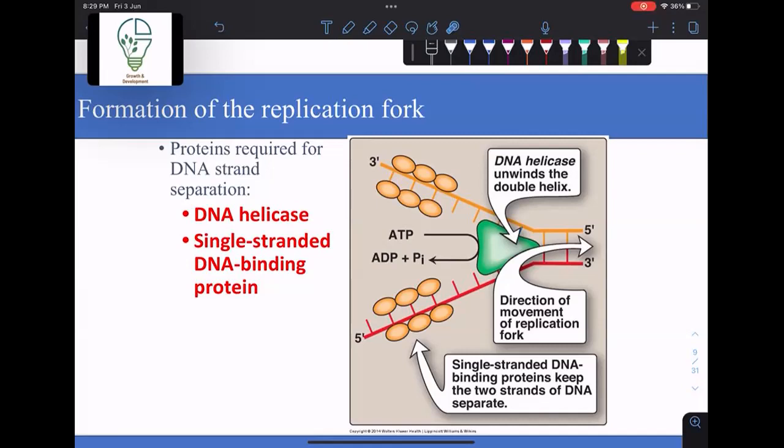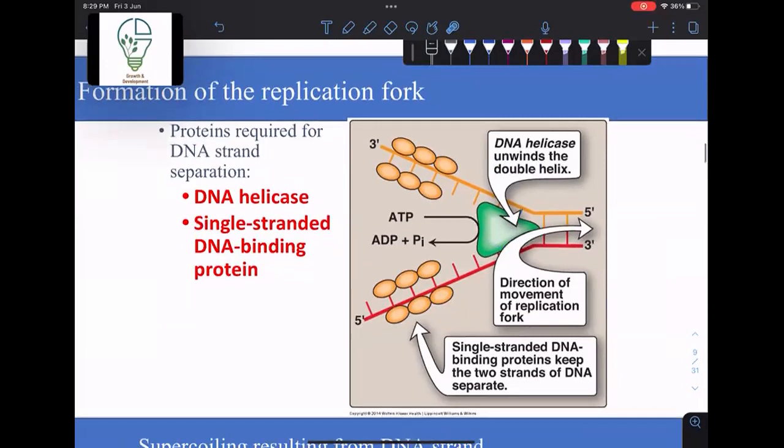But once these two strands open up and begin to uncoil, you have a certain enzyme that comes and starts to unwind the rest of the double helical strand, okay? So this is one DNA strand, as you can see here in orange, and this is the other DNA strand in red, okay?